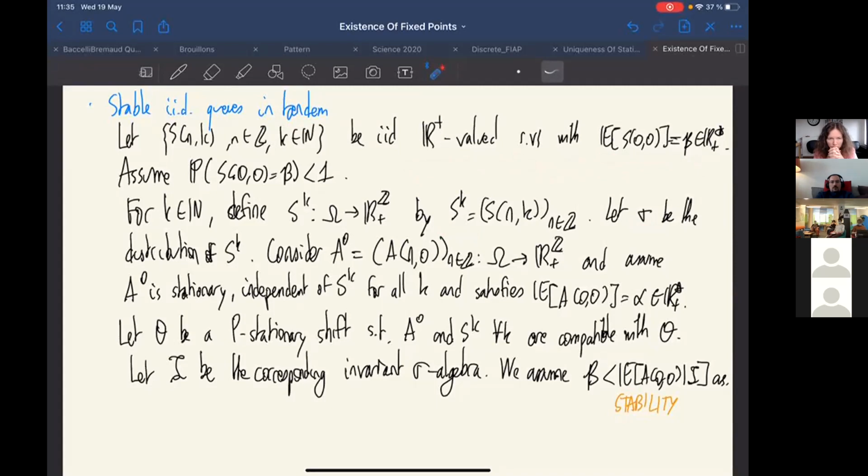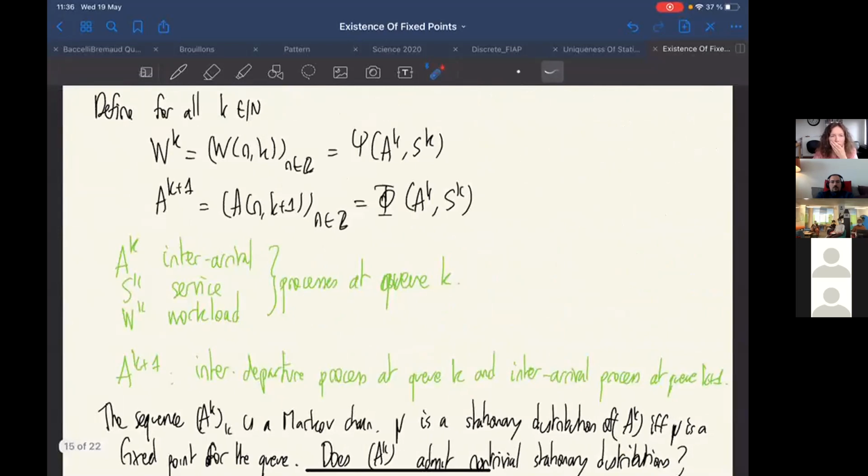We consider A_0 the arrivals at Q_0. We assume that it's stationary, that it's independent from all the service times for all K, and that it has mean alpha. We take theta the stationary shift so that all the processes considered are compatible with the stationary shift. And of course, there's an invariant sigma algebra associated, and we just assume stability. This is just to say that we assume that our i.i.d. Qs are stable.